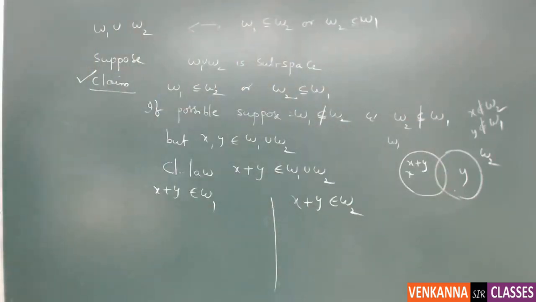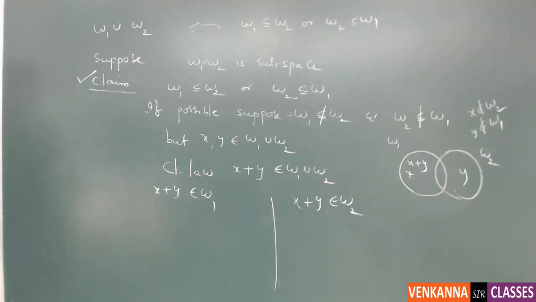Now I have two values in W1, X and X plus Y. Please understand, whenever you have taken a subspace, it always satisfies the necessary and sufficient conditions.